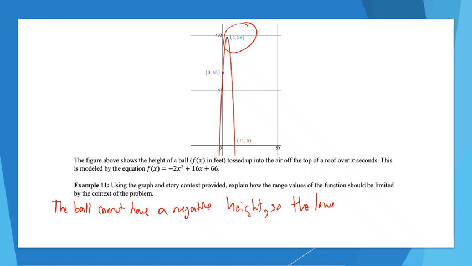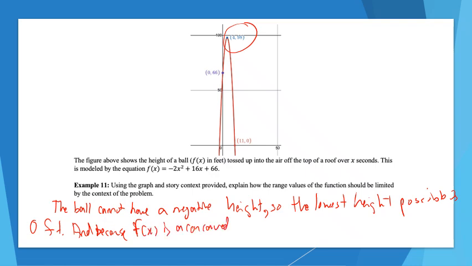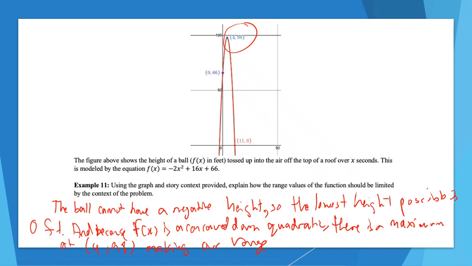So the lowest height possible is 0 feet, and because f of x is a concave down quadratic, there is a maximum at 4.98, making our range, which remember is talking about our y values, from 0 to 98.